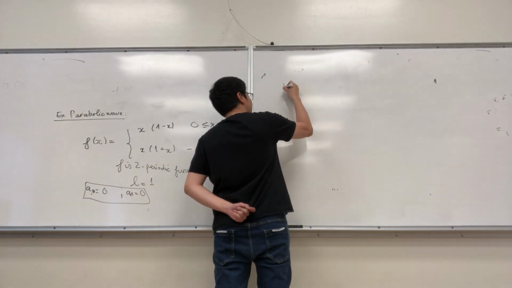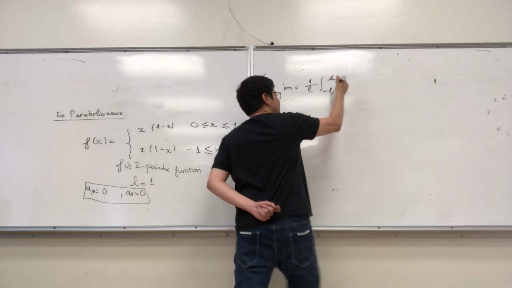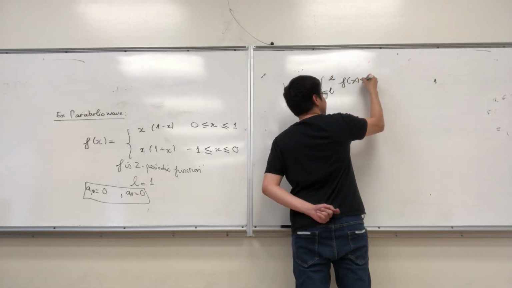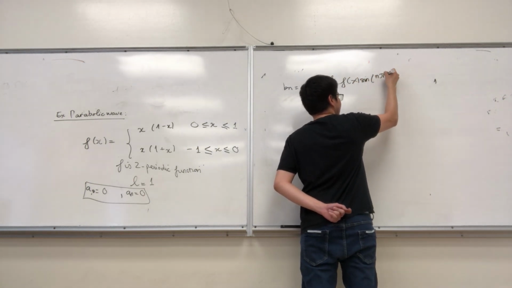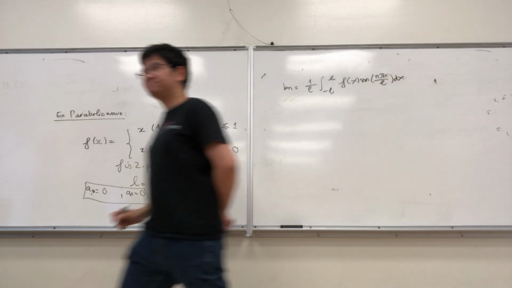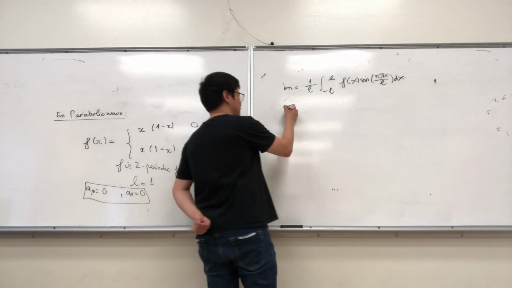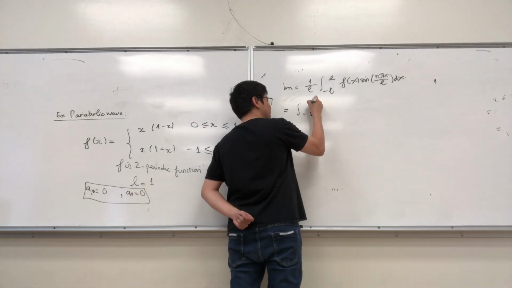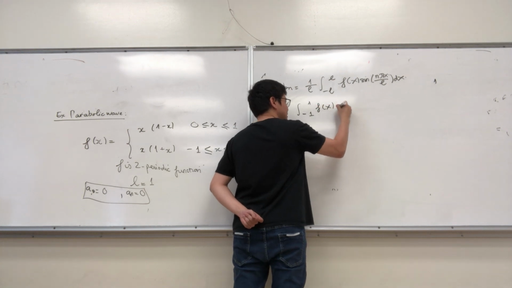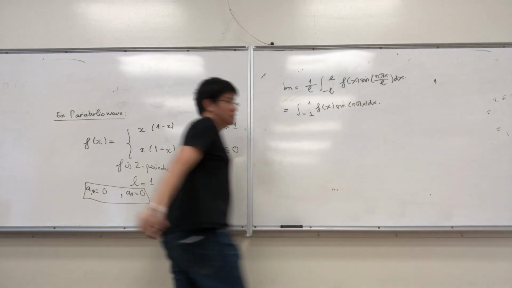so what is bn? Bn will be 1 over L, the integral from minus L to L of f(x) sine of n pi x over L dx. Right? So I'm going to replace L to be 1. And this is going to be the integral from -1 to 1 of f(x) sine of n pi x dx. All right?